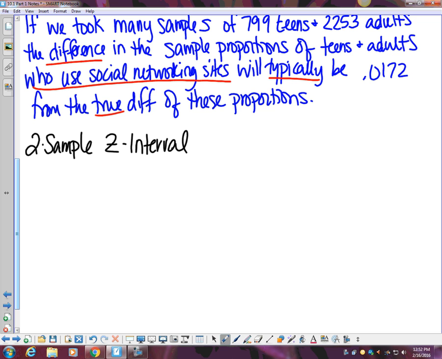Make sure you have that straight. I'm not doing a test. I don't have an H sub 0 and an H sub A. I'm not going to accept or reject. I'm finding a confidence interval. So a 2-sample Z interval for the difference between 2 proportions.